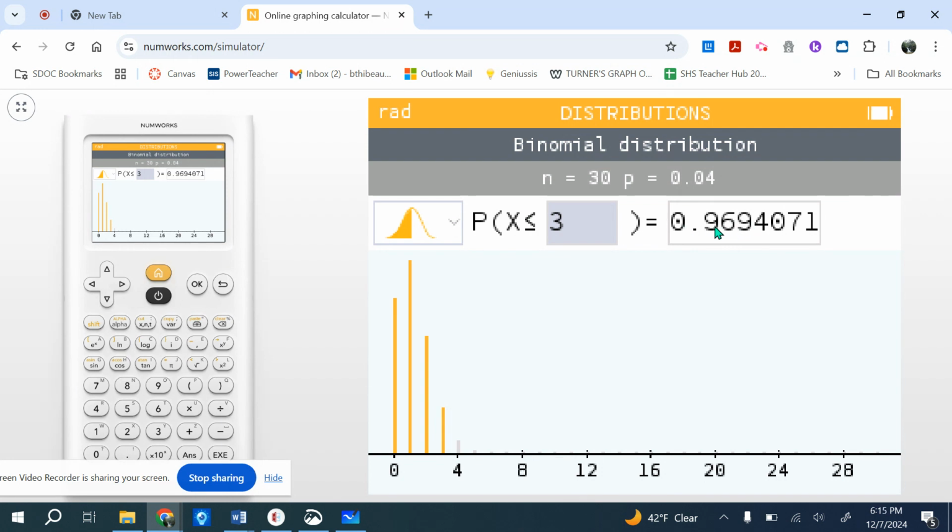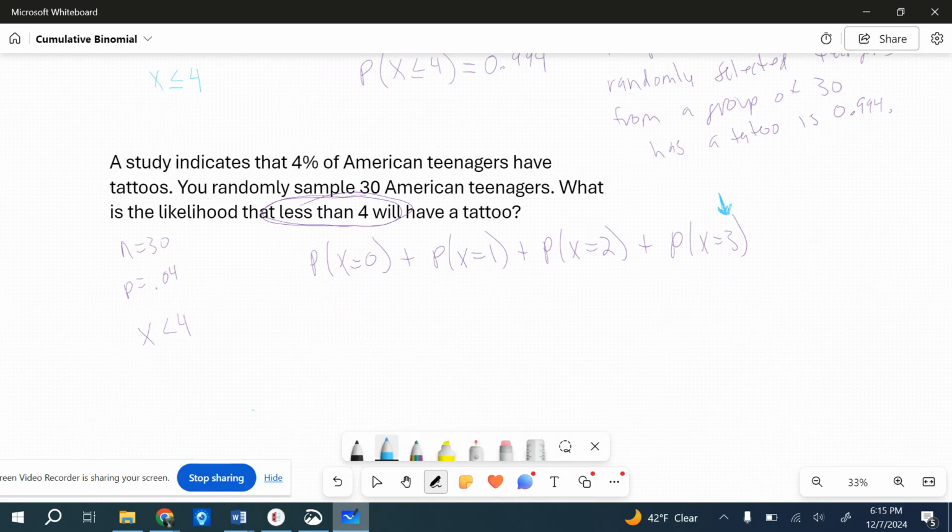And then my answer is going to be 0.969. So the probability that x is less than 4 is 0.969. And then don't forget to write your sentence. That's all there is to it.